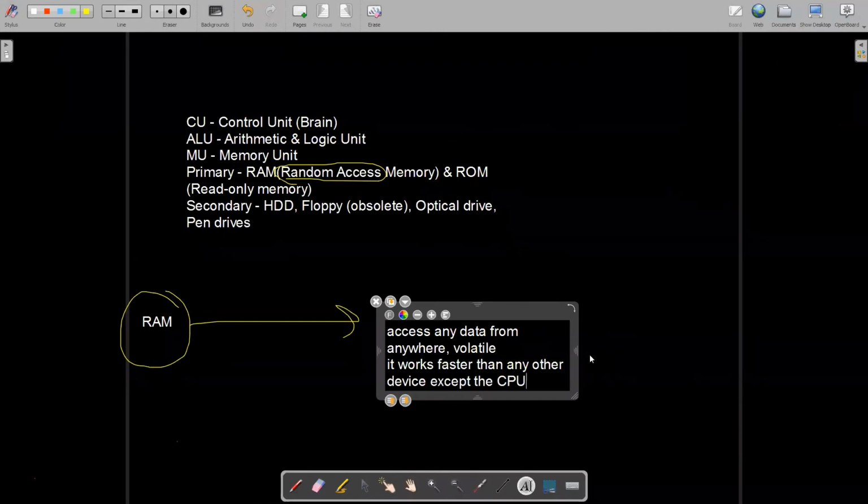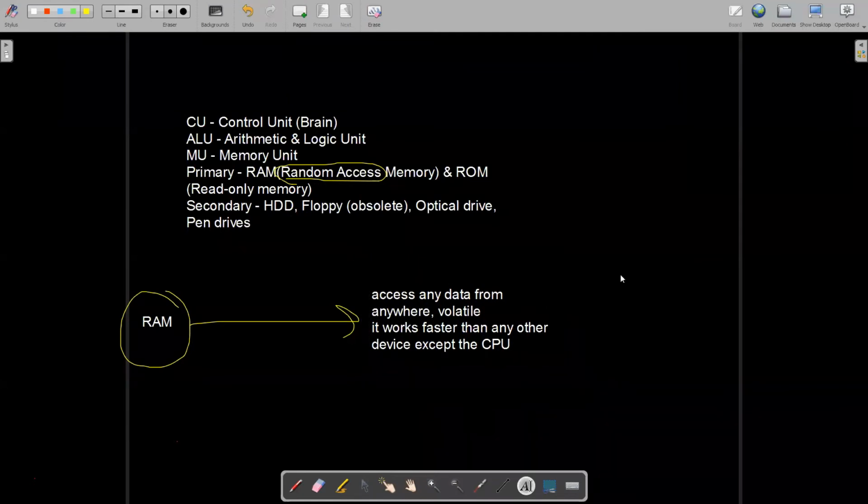Please remember, students, that the CPU is the fastest working device. Nothing can work faster than the processor. So RAM is the only device whose speed is somewhat near that of the CPU. Understood? For executing any program, that particular program or software has to be loaded into the RAM before it executes on the CPU. So the CPU is actually a processor.